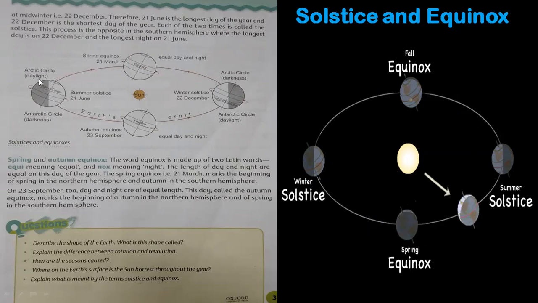It has two parts, as you know how to cause this day and night. Over here you can easily see that one, summer solstice and the winter solstice, spring equinox and autumn equinox.